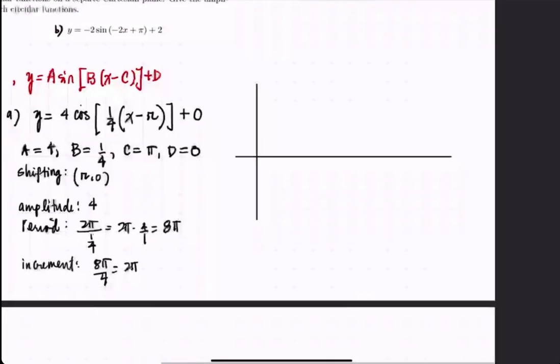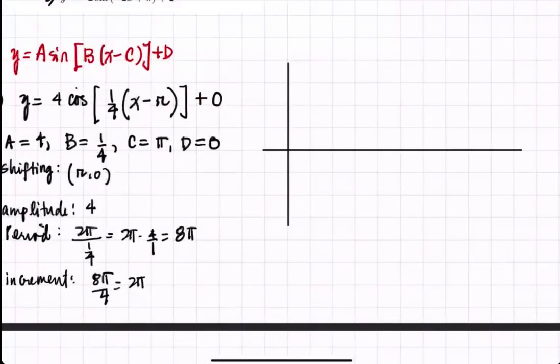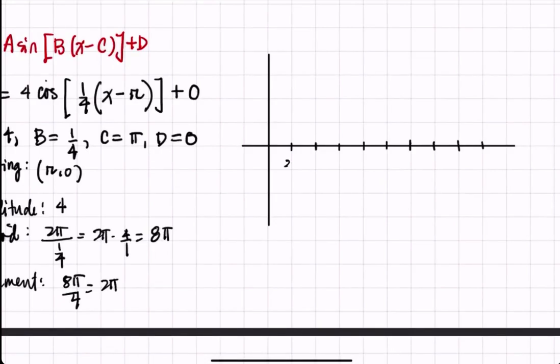Anong size? So, ang gagawin ko, yung bawat tick marks na to, they are of length 2 pi. Okay? So, parang ito, 2 pi, 4 pi, 6 pi, 8 pi, 10 pi, etc. Okay, na-gets ba yon?